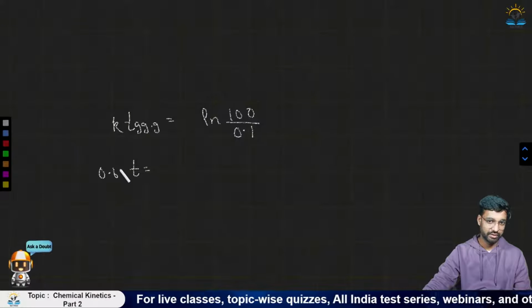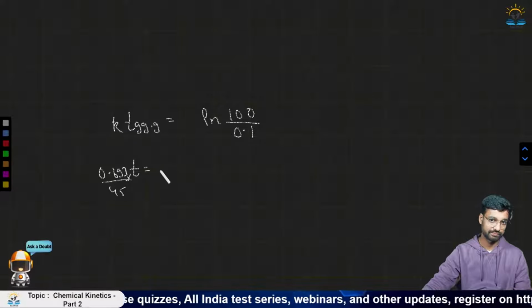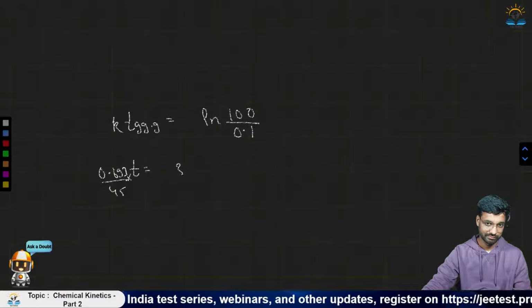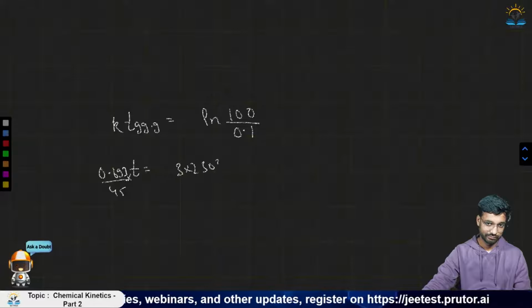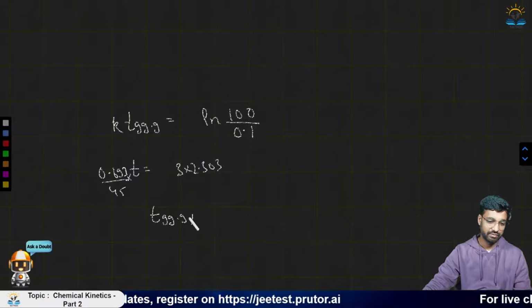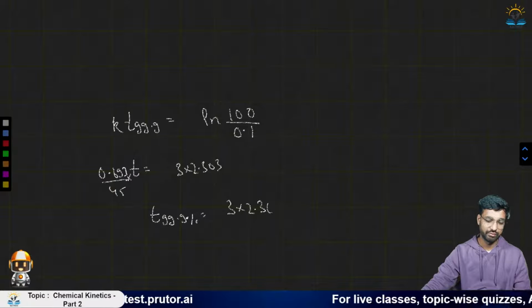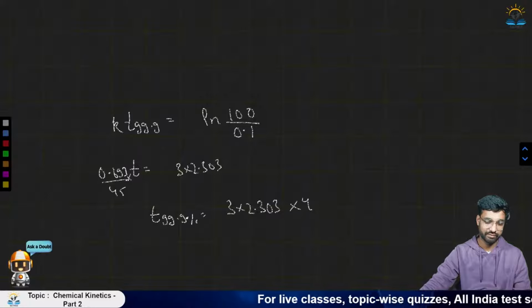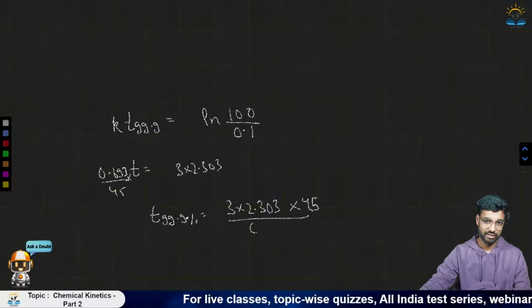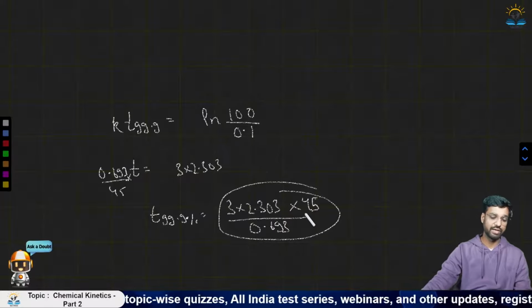It is 0.693 by 45. So T 99.9% will be equal to 3 into 2.303 into 45 by 0.693. If you solve this, you will get your answer.